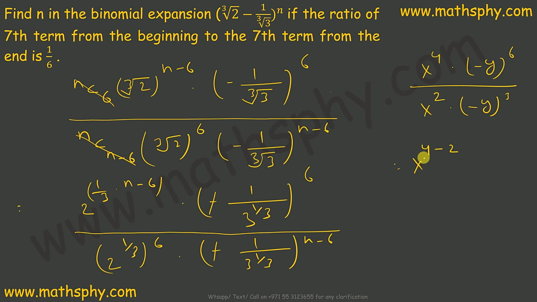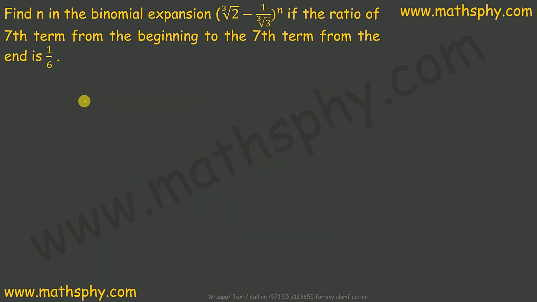What I get is x raised to 4 minus 2. The negatives can be cancelled, and this will be y raised to 6 minus 3. So x raised to 2 into y raised to 3. That's what I get. Same thing I can do here also.